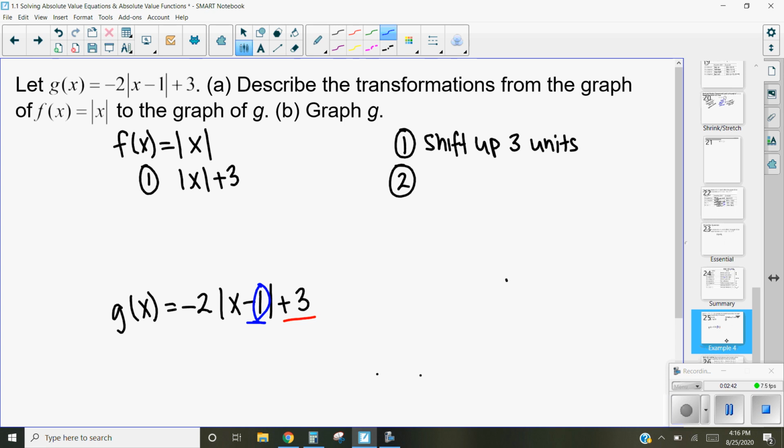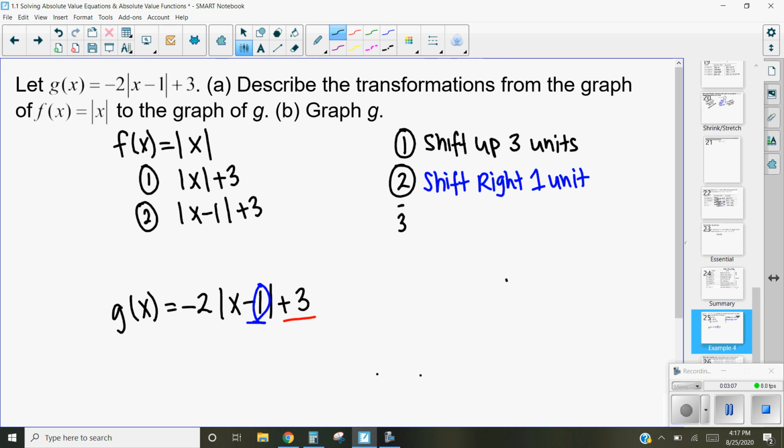And what the new function looks like when we do that is the absolute value of x minus 1 plus 3. That's what happened with that second step.